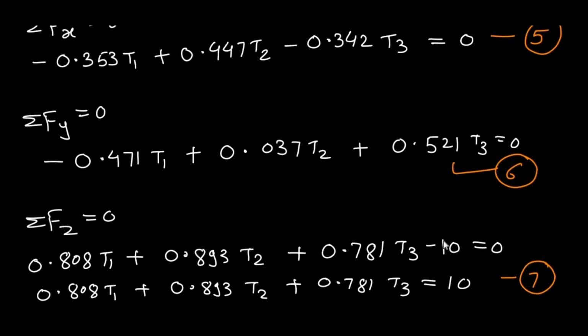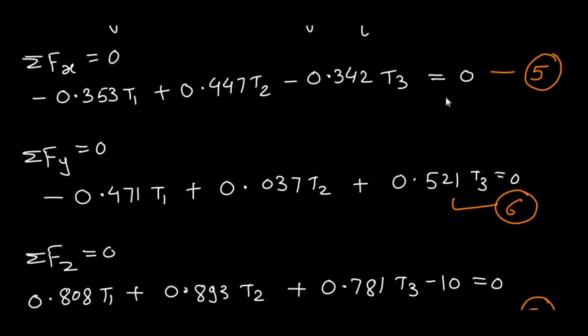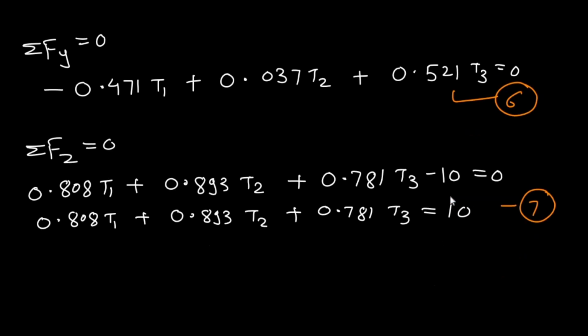Now we have three equations. In the first equation, the unknowns are T1, T2, T3; in the second equation, the unknowns are T1, T2, T3; and in the third equation, the unknowns are T1, T2, T3.